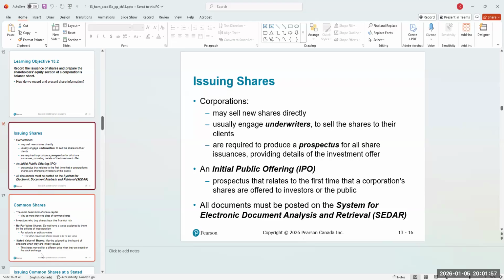what's going to happen with the shares after? The corporation gets nothing. I want you to understand this. There's only one time and one time only when the corporation gets cash from the investors. That's on the initial public offering, when initially the corporation offers the shares to the public. Once the shares are in the public, if one person sells the shares to another person, the corporation gets nothing.